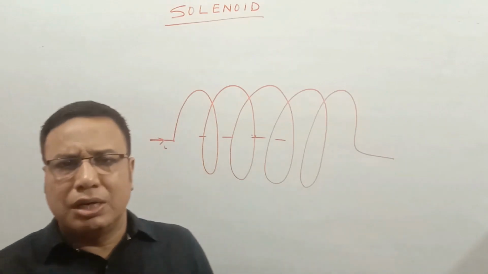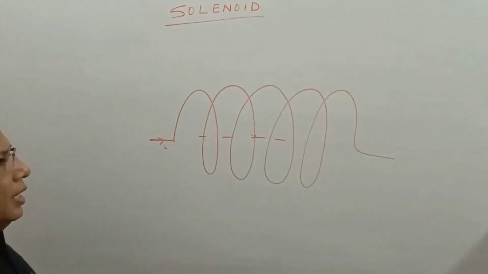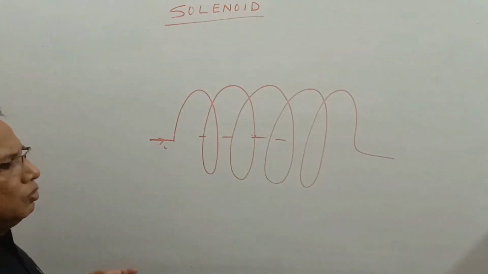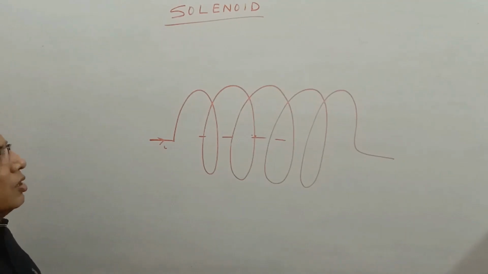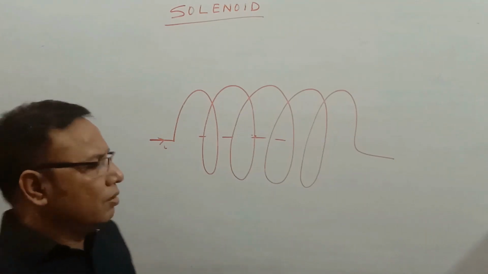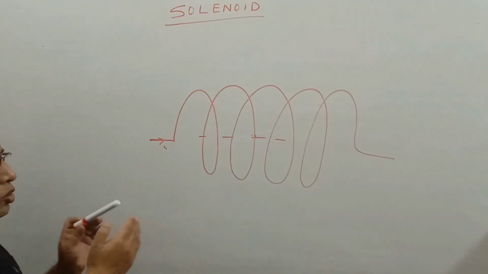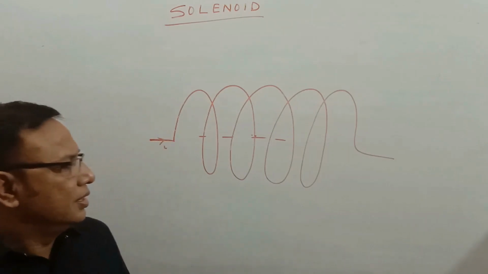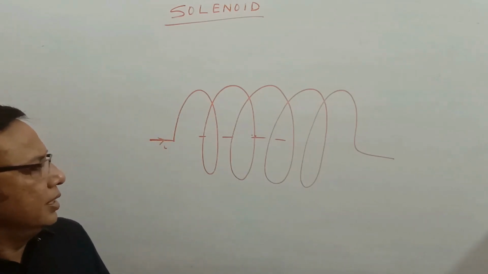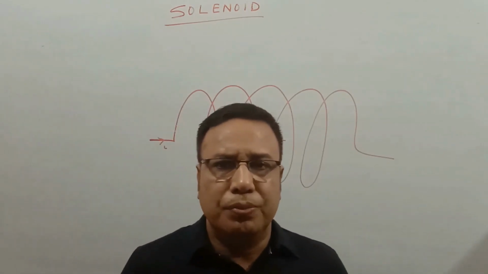An ideal or long solenoid consists of a long insulating, or you can say enameled, that is a coating over the wire, wound in the form of a helix, where the neighboring turns are closely spaced such that each turn can be regarded as a circular loop.